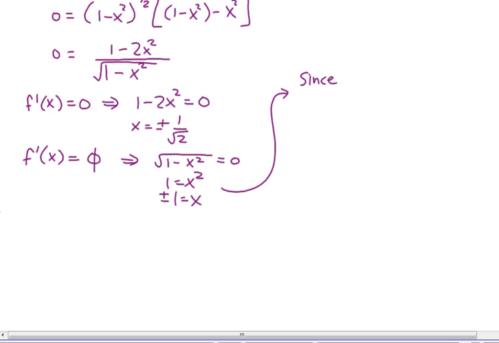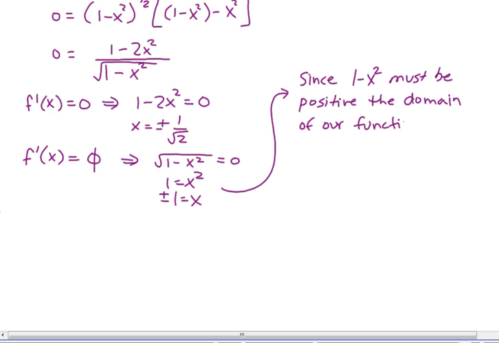Since 1 minus x squared must be positive, the domain of our function is what? Well, if here's negative 1 and here's 1, our function has to be positive. So where would our function be positive? When would this give me a positive value?